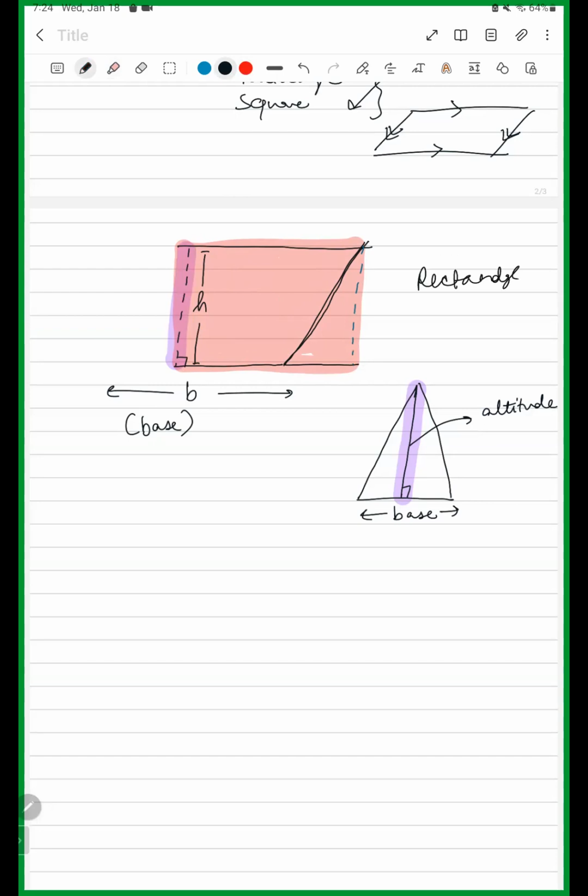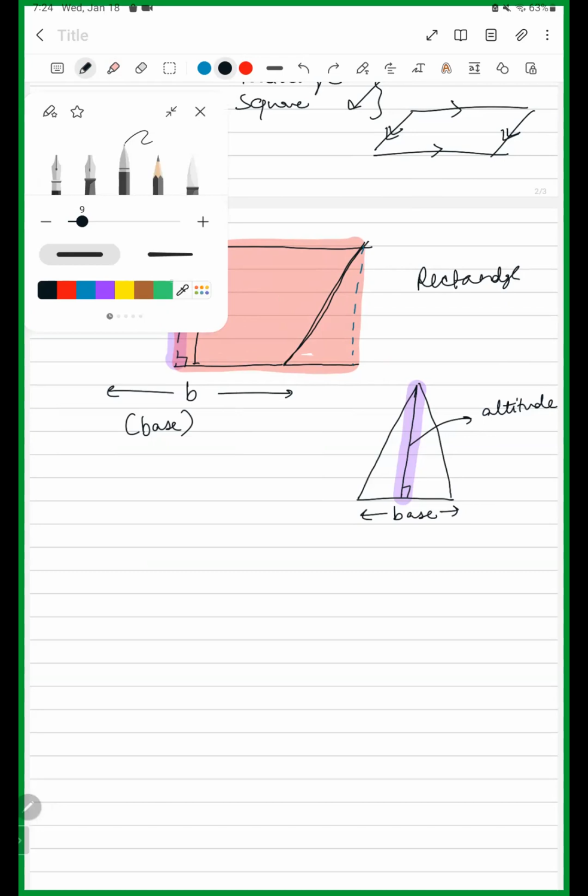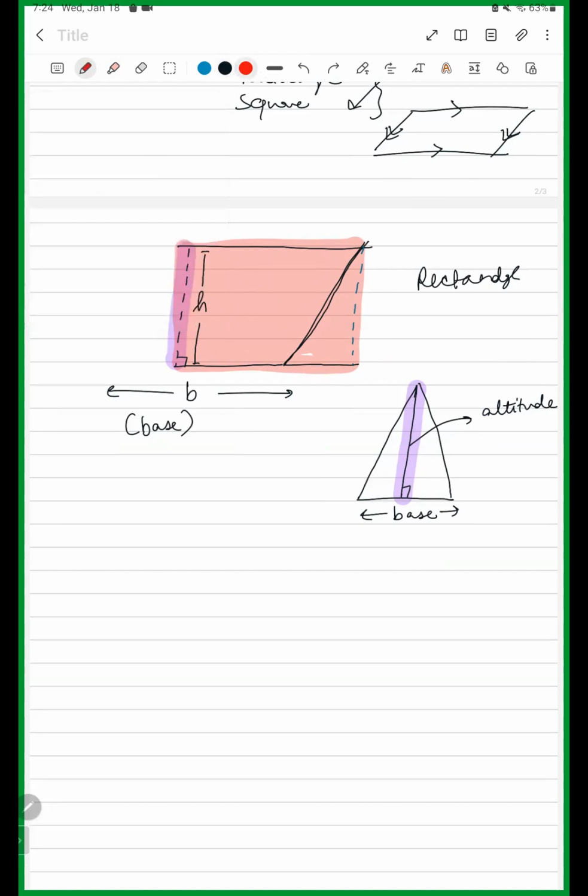ठीक है. और ये rectangle का जो ये पूरा side था, this side plus this, ये हमारा b था, right?